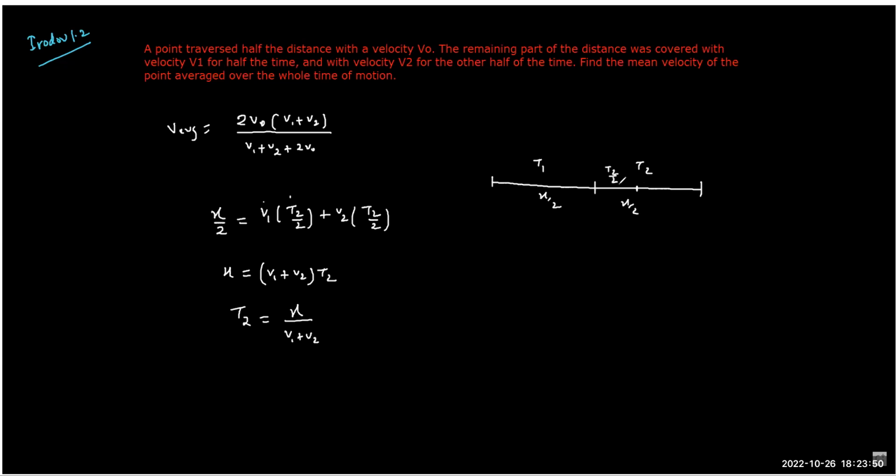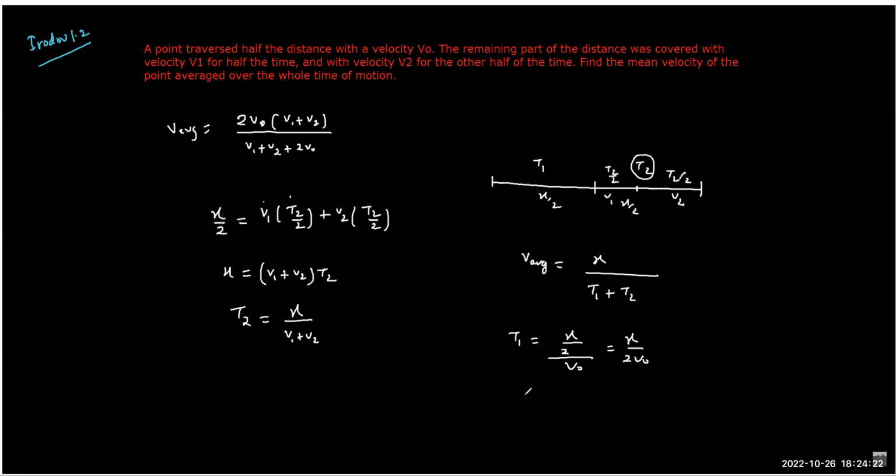So T2 by 2 you travel with V1, and T2 by 2 you travel with velocity V2. So the average V is total distance, which is X, over total time, which is T1 plus T2. Now T1 we can write as X by 2 by V0, which is X by 2V0, right?